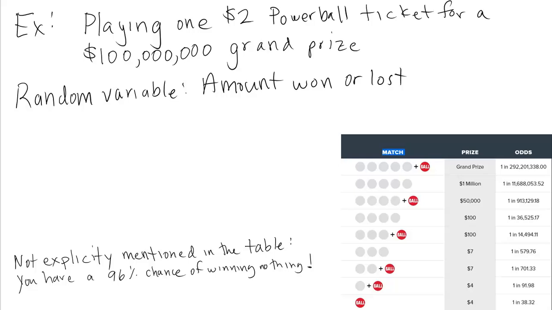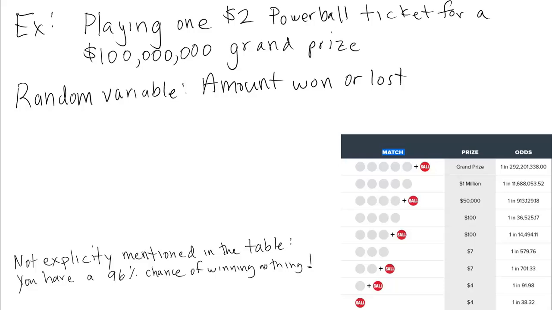And there's one outcome that isn't given in the table. I mentioned it down here. Most of the time, you're going to lose when you buy a lottery ticket. In this specific setup, you lose 96% of the time. 96% of the time, the outcome associated with your ticket will be a loss of $2, which we could represent by -2 as the value of our variable.